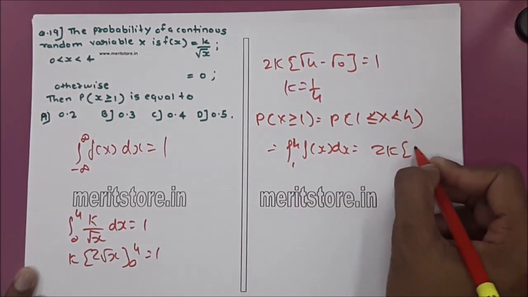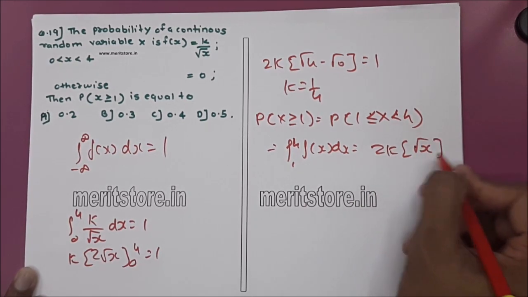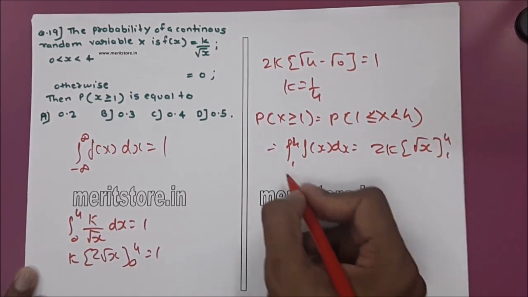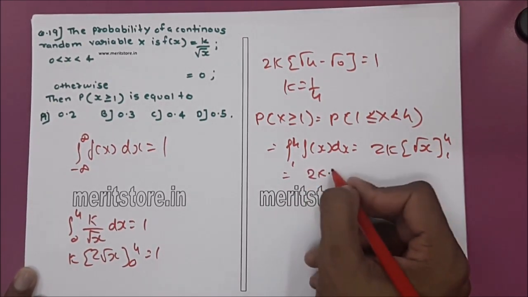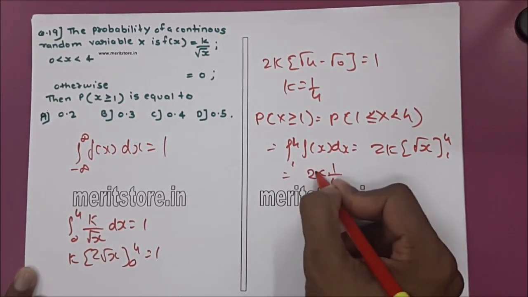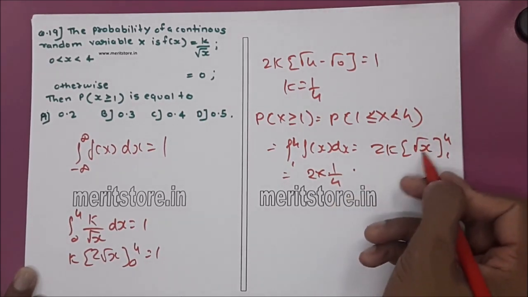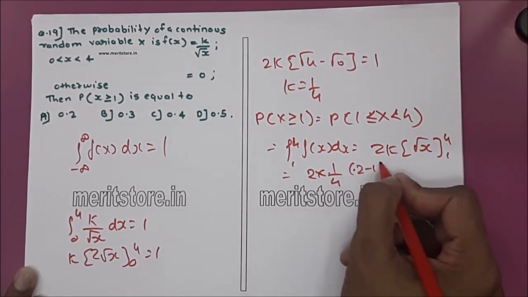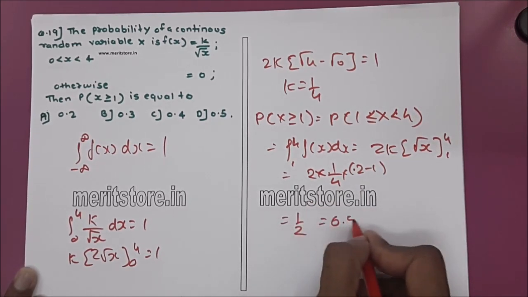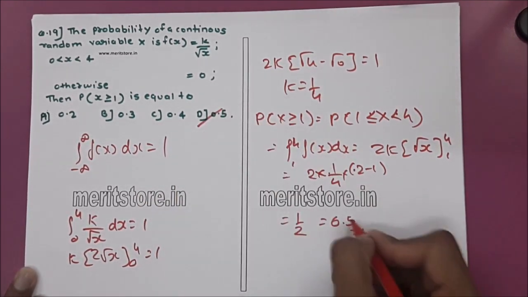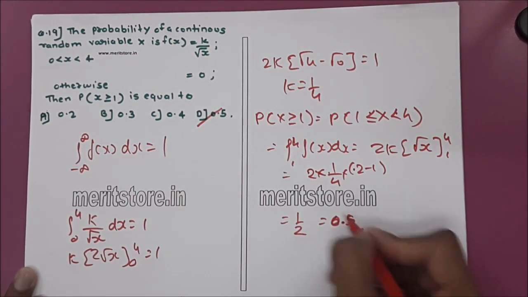We substitute the value of k that we got, 1 by 4, and substitute the limits in x, we get 2 minus 1. We solve this, we get half, which is 0.5, which is option D. Option D is the correct answer.